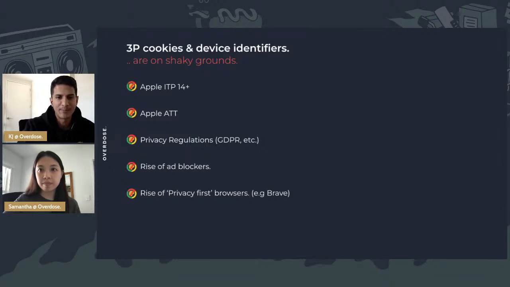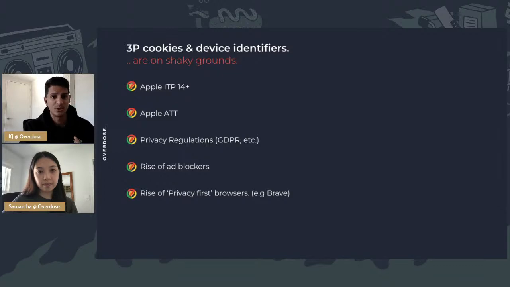Apple has something called ITP, which basically blocks all third-party cookies, which makes it super hard for marketing platforms to actually do what we were just talking about in the last slide. Apple ATT is a very similar thing, but it does the same thing that ITP does in an apps world. Other privacy regulations like GDPR, CCPA, do the same thing. They restrict how cookies are set on devices.